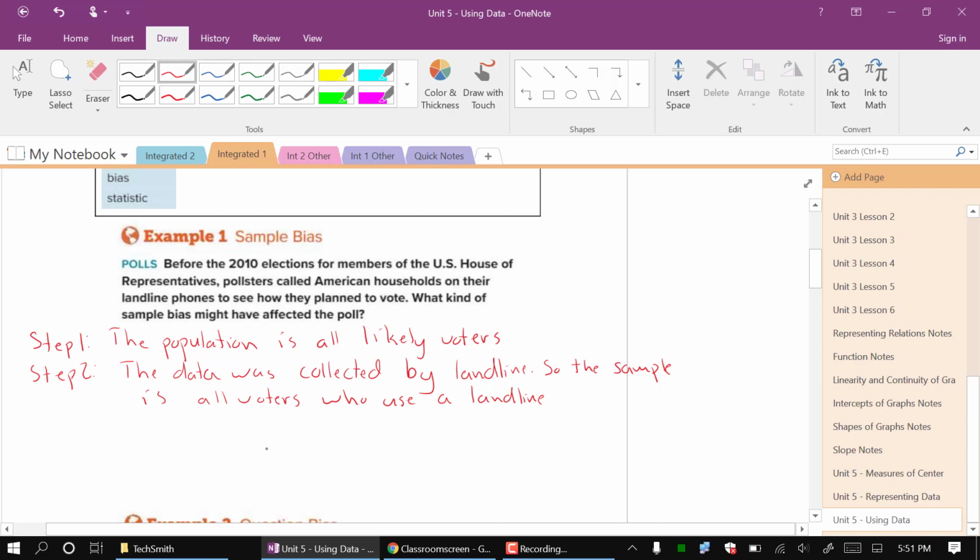And then lastly, we're going to determine the potential bias in this poll. So step 3.